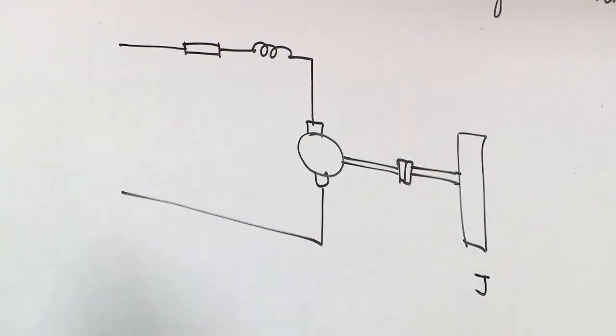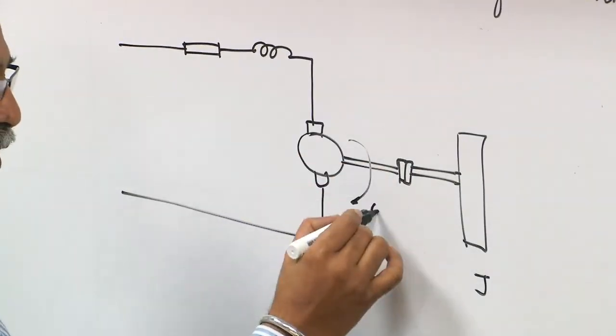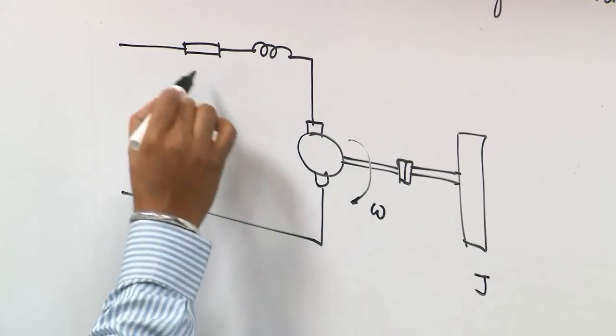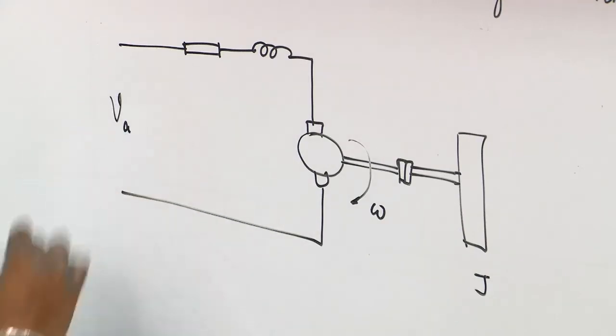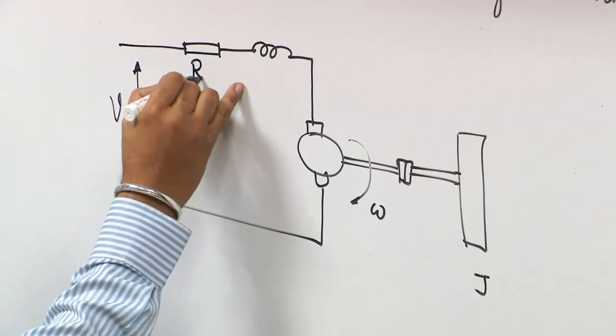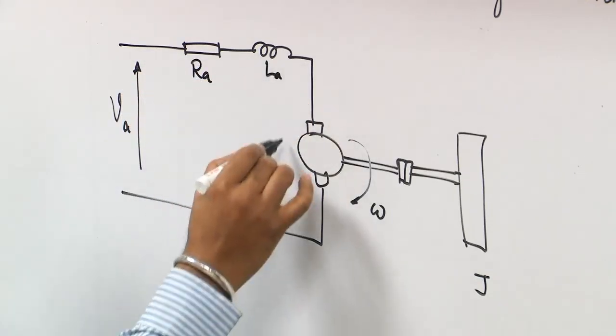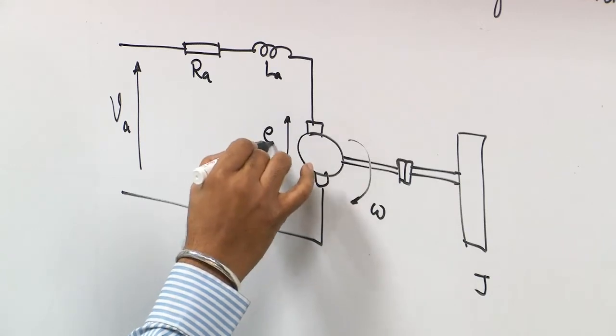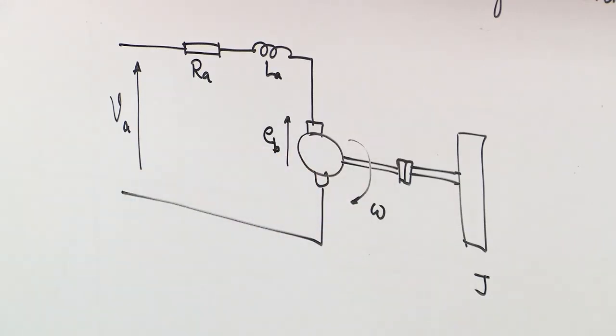There is some inertia J, this is rotating with some omega. You are applying a voltage here, RA, LA, this is back EMF EB. How many states are there? How many state variables are there?